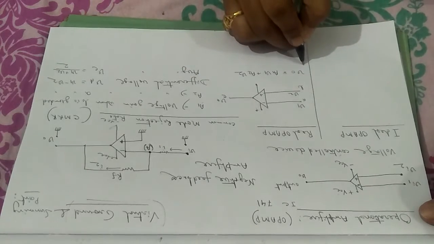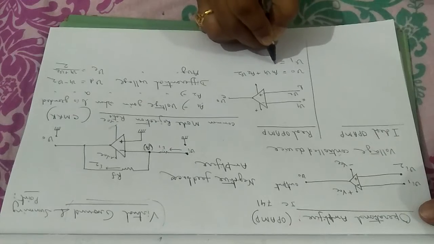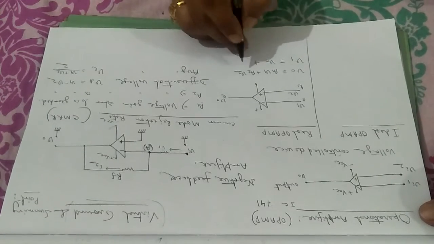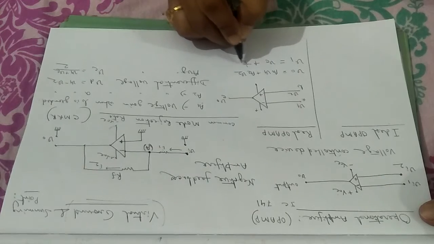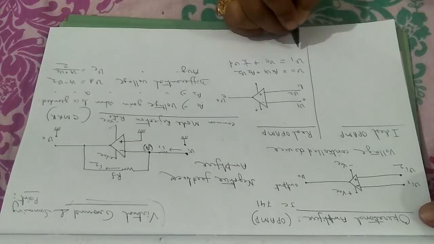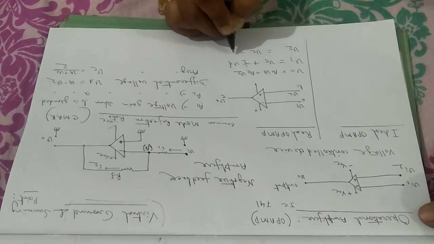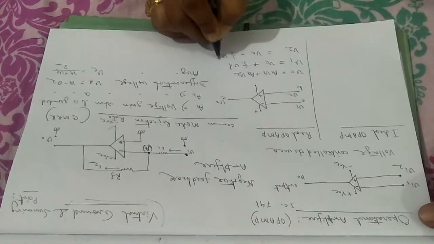So from that you can write again V1 will be equal to Vc, the average voltage, plus half of Vd, and V2 will be equal to Vc minus half of Vd.